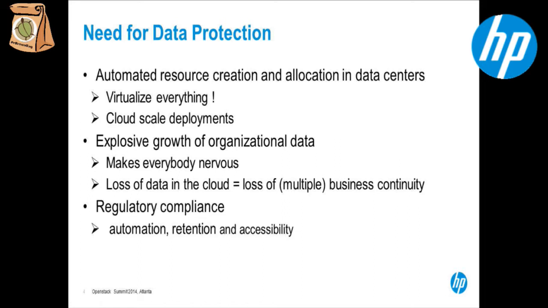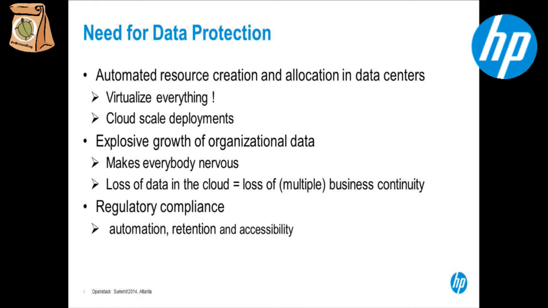Each of them is going to generate data, process data, and the data is growing at an explosive rate. So when all this is happening, the resource allocation and creation is happening automatically, and managing all these resources is a nightmare.